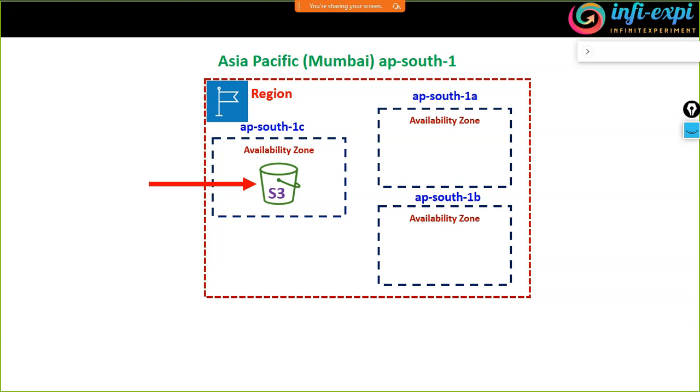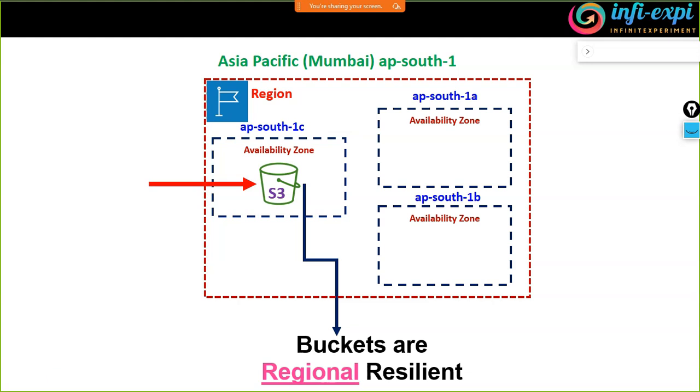Now once this bucket is launched, if you want to check the resilience of this particular bucket, it is stated that S3 buckets are regional resilient. It's not global resilient, but it is regional resilient. Meaning this bucket can survive within the particular region, because you can create a bucket only on top of a specific region.